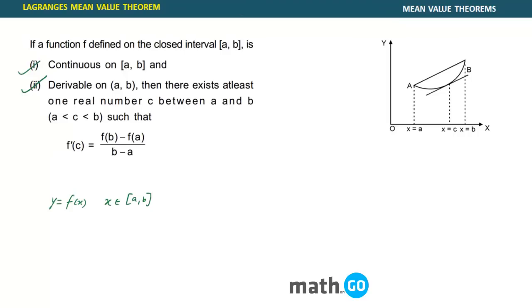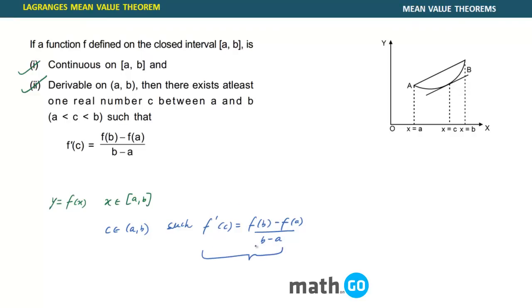So you can see that Rolle's theorem was a special case of LMVT. Now what this says is that you will get a value of c which lies between a and b such that the derivative at c will be equal to (f(b) minus f(a)) by (b minus a). So this is the mathematical concept.